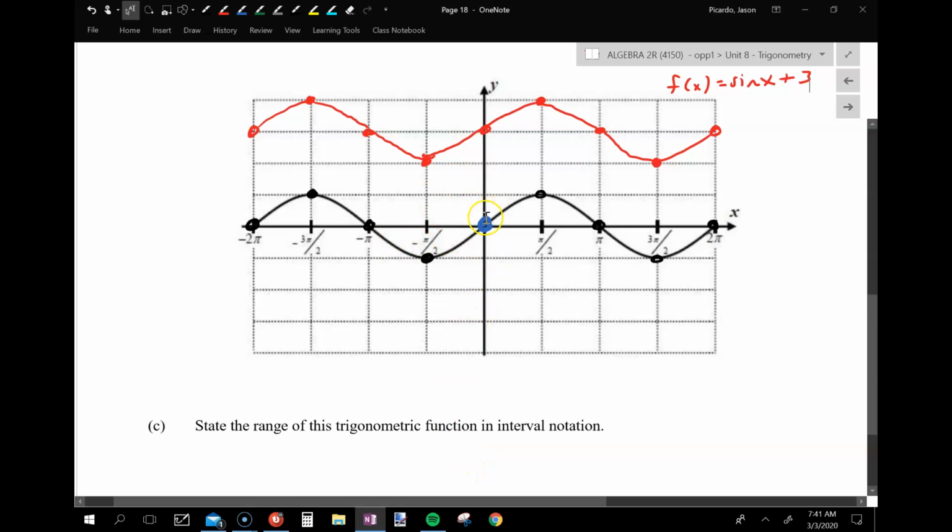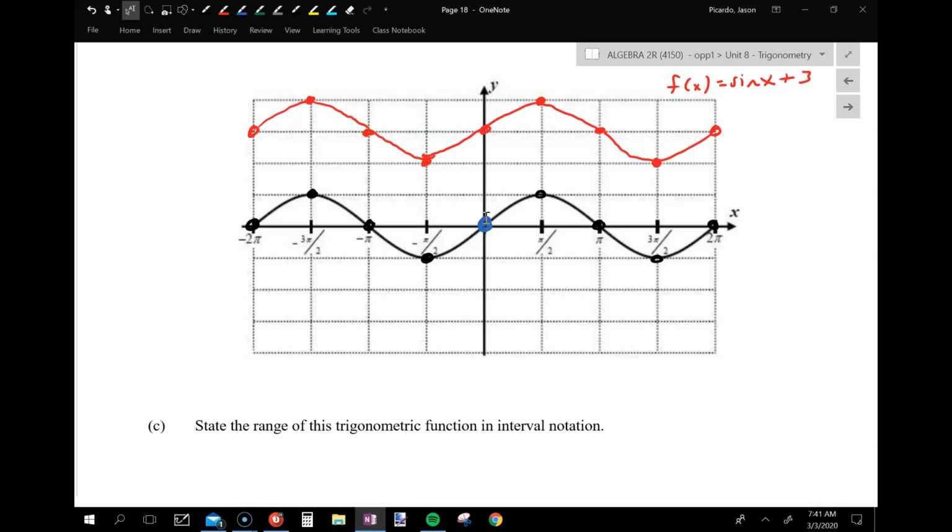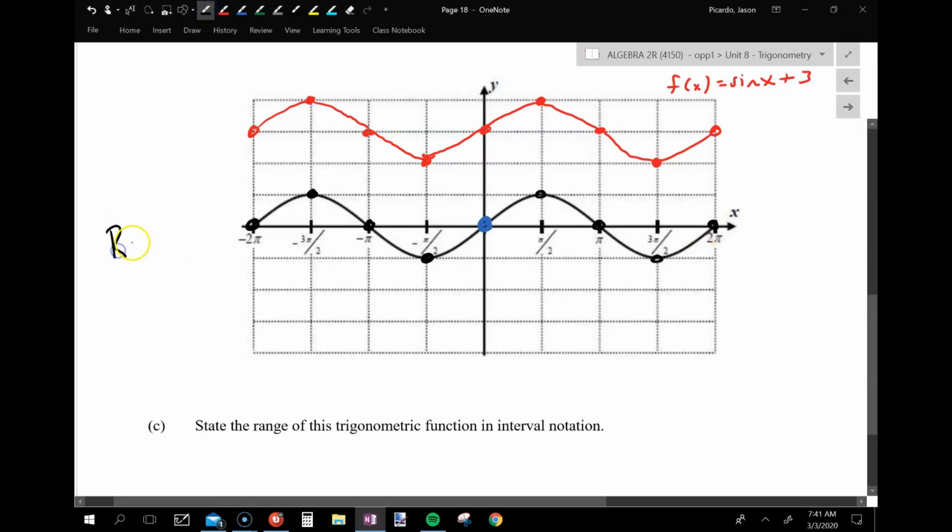Guys, what was the range? When I ask you guys about range, what am I referring to? Lowest y value to highest y value, right? So if I wanted the range of sine of x, the original curve, what's the lowest point on the original curve? -1.